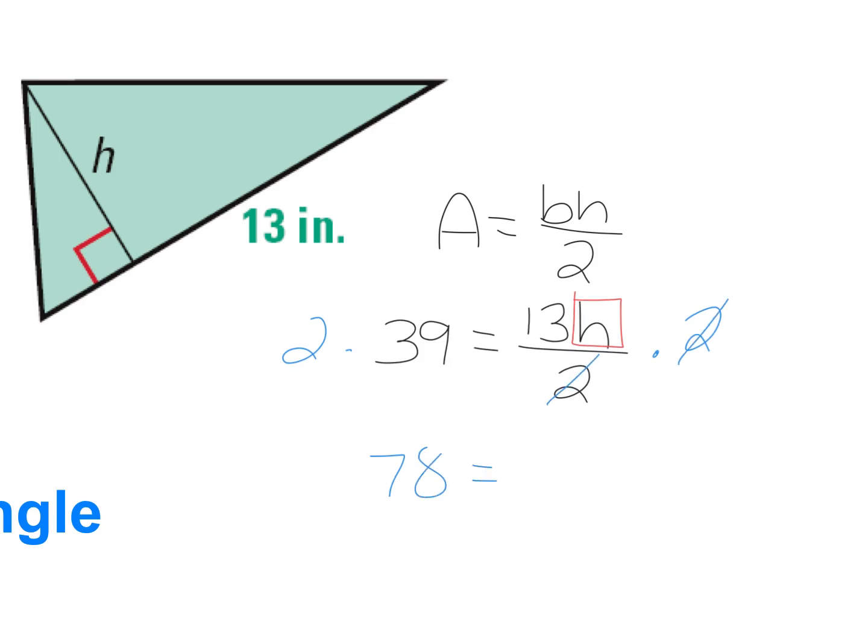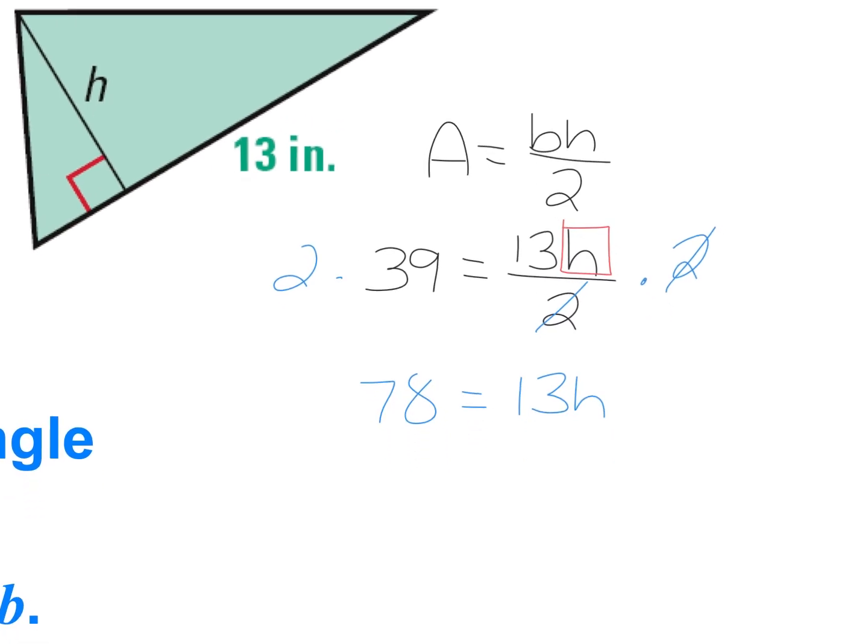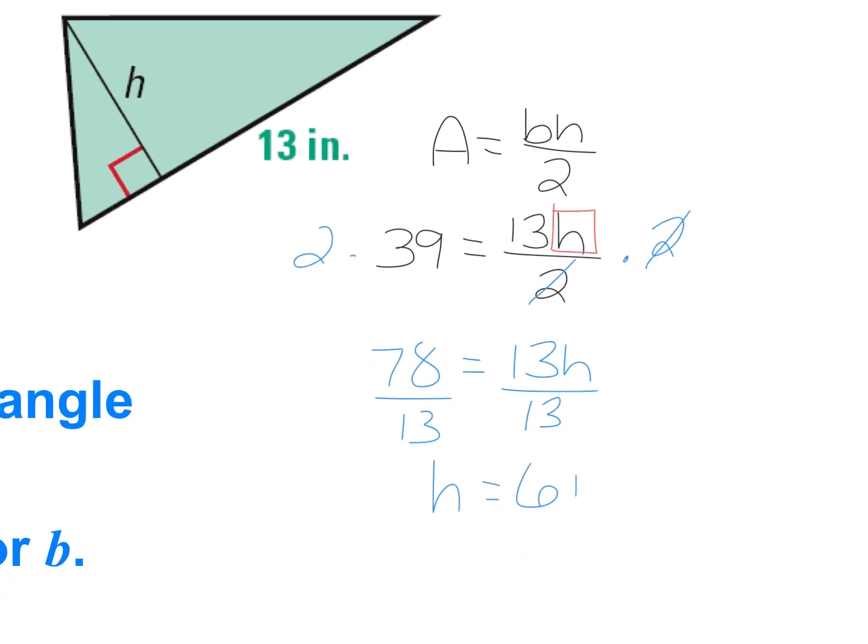Over here, our 2's cancel out, so we're just left with the numerator, 13h. Lastly, to get h by itself, we divide by 13. So h equals 6. The label on this one is just inches, since we are not looking for the area, so it is a plain label with no square.